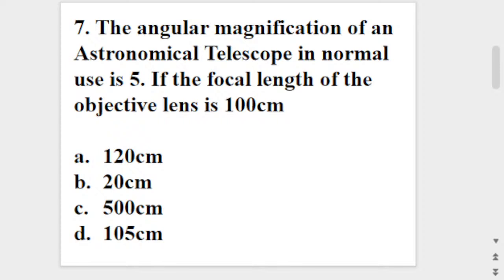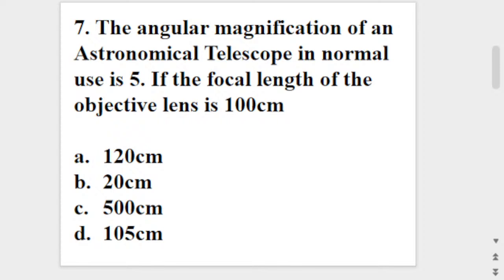So M is equal to 5, is equal to FO, the focal length of the objective lens, which is 100 centimeters, divided by FE, the focal length of the eyepiece lens. If you make FE the subject of the formula, FE becomes 100 centimeters divided by 5. And that gives us 20 centimeters.